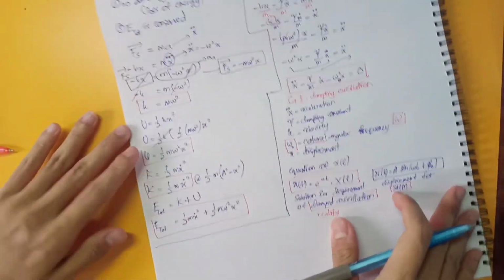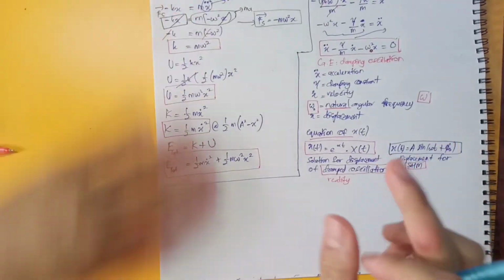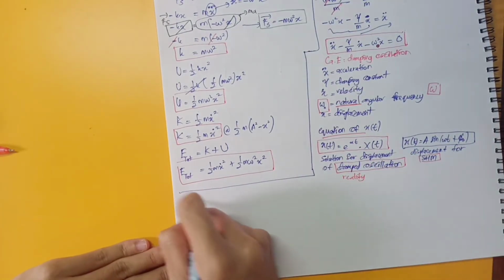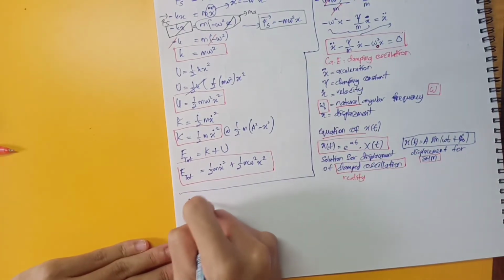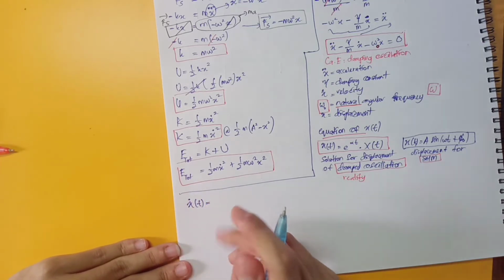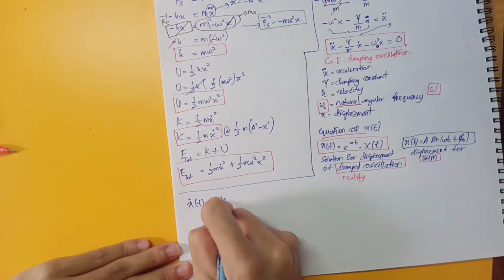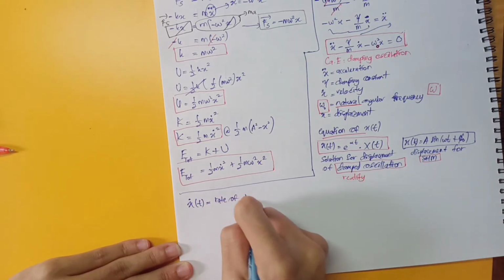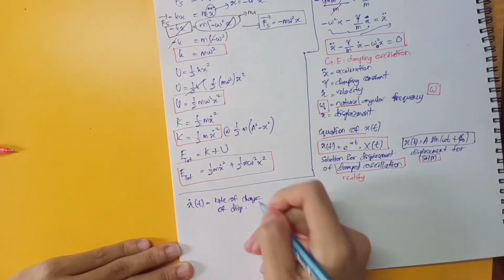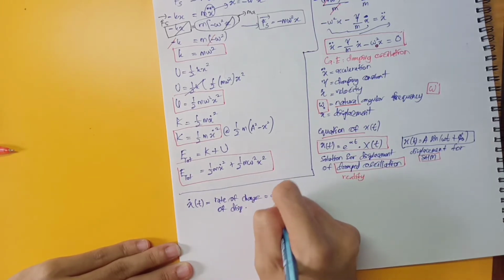So let's see what the velocity is for this system. The definition of velocity is the rate of change of displacement, equal to dx over dt.